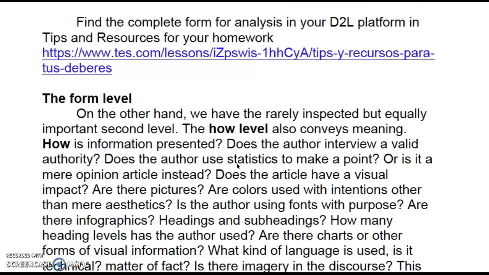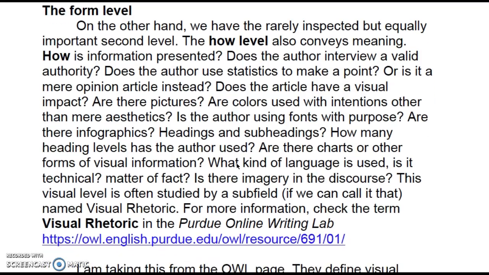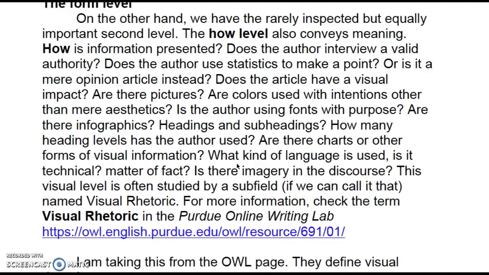And the form level, which is the how level, that I consider is rarely inspected but equally important, is the devices that the author has used to convey meaning as well. How is information presented? What type of information? For example, I'm sending you to the online writing lab to see the concept of visual rhetoric.